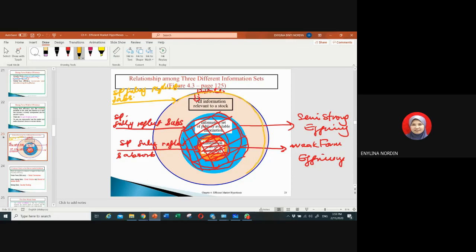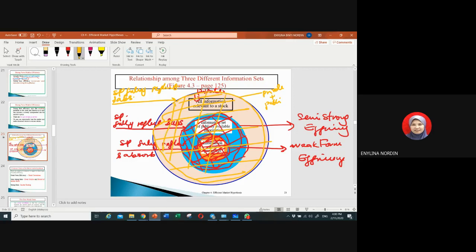So all information includes what kind of information? It includes private information plus public information. Now there is no secret between investors. All secrets of the company that you obtain from the company are already absorbed into the stock price.